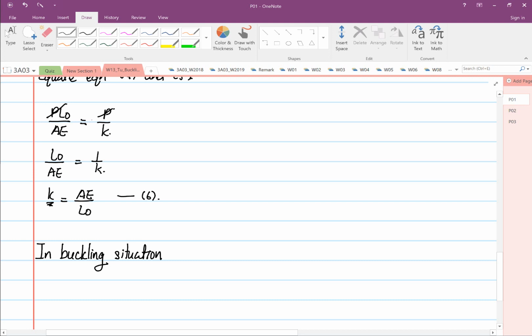equation 6 is not valid. And why is it not valid?